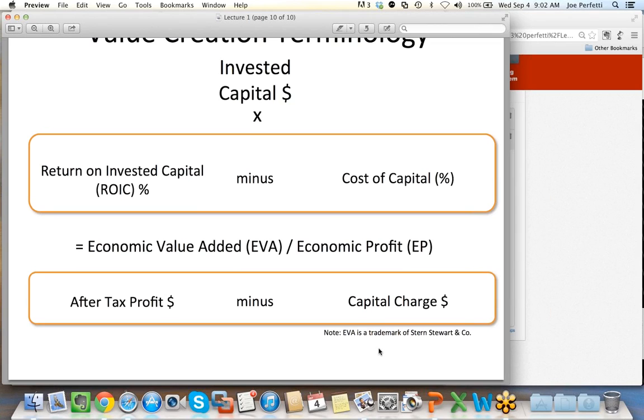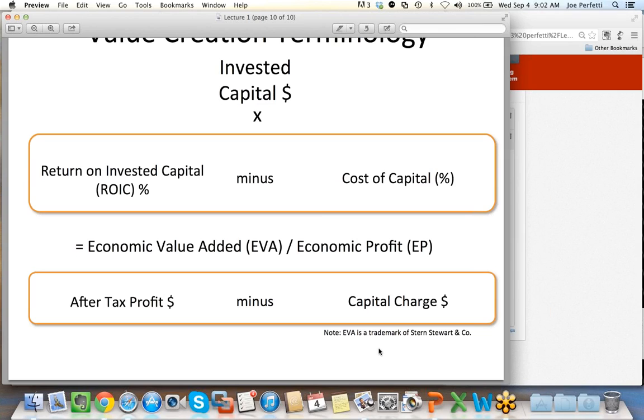We can look at spread as a percentage, or we can look at spread in dollars, but either way, over time, that spread must be positive. That's going to be key to our valuations. One of the valuations we'll do this semester is a spread-based valuation. In addition to a cash flow valuation, we'll prove that the spread-based valuation gives us the same answer, because it doesn't matter how we do our valuations, the company's worth the same.